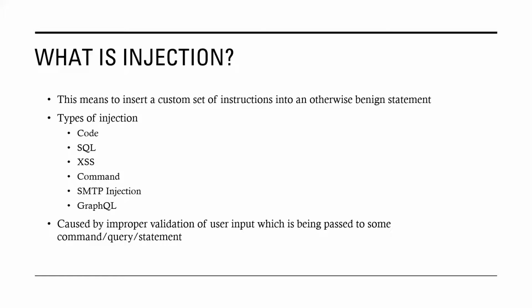Injection is anywhere really where you have user input that is not being validated, that's getting put into some already predefined query without any proper sanitization, allowing the attacker to do whatever they want, which is very unfortunate. We're going to focus on SQL injection today, though.